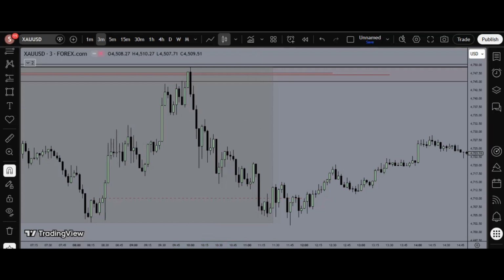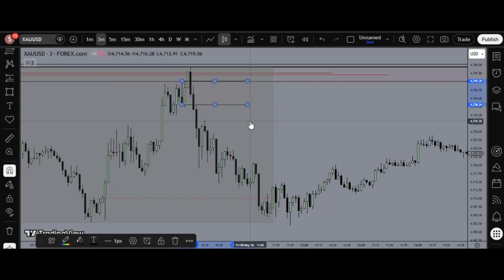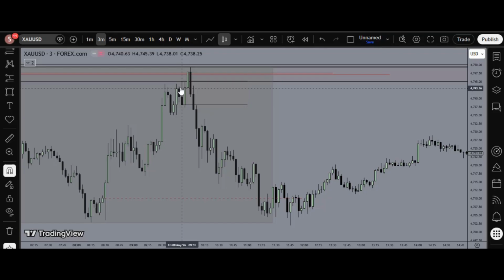This is our breaker. Is this two consecutive candles? But because this is higher than this one, I'm taking this. So as soon as price closes below this, that's my entry. The fair value gap is there. So this is my entry.